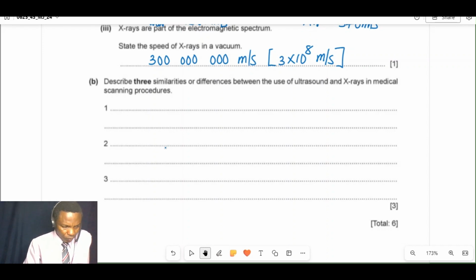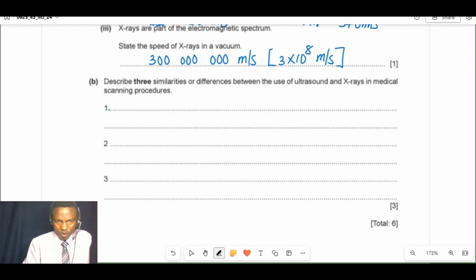Now, both ultrasound and X-ray can show internal parts of the body without the need of cutting the body.